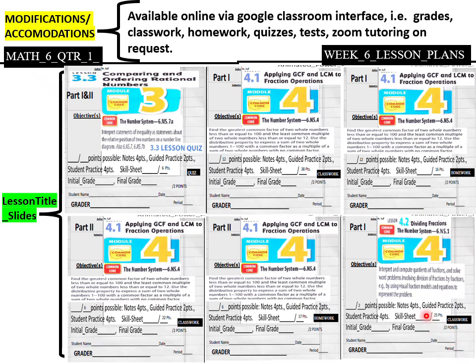The standard is 6.NS.1, interpret and compute quotients of fractions and solve word problems involving division of fractions by fractions, for example, by using visual fraction models and equations to represent the problem. 25 points here on your classwork for 4.2 part 1, and then 2 points of note-taking.